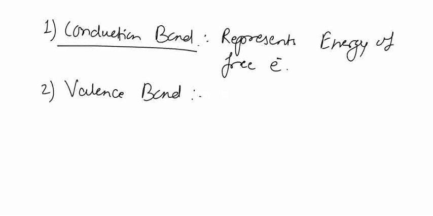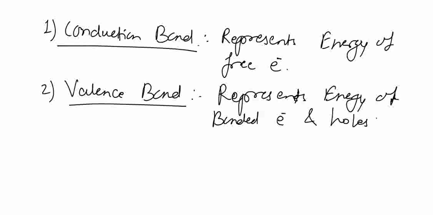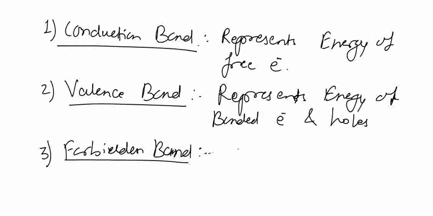Valence band represents energy of bonded electrons and holes in the material. Number 3, called forbidden band. Forbidden band is the separation between conduction band and valence band.